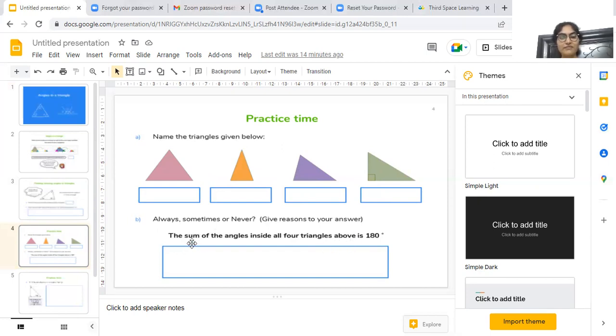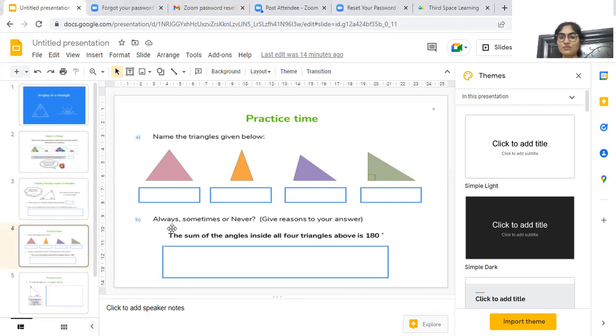So the statement is given: the sum of all angles inside all four triangles above is 180 degrees.